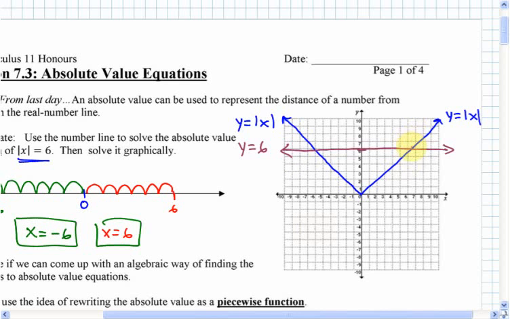Guess what the intersection points are? 6, 6. So therefore, x equals 6. And then over here, negative 6, 6. Therefore, x equals negative 6. The same two numbers you got from there. Okay? Now, of course, this is not really algebra. This is just graphing, but I hope you can see the visual picture.